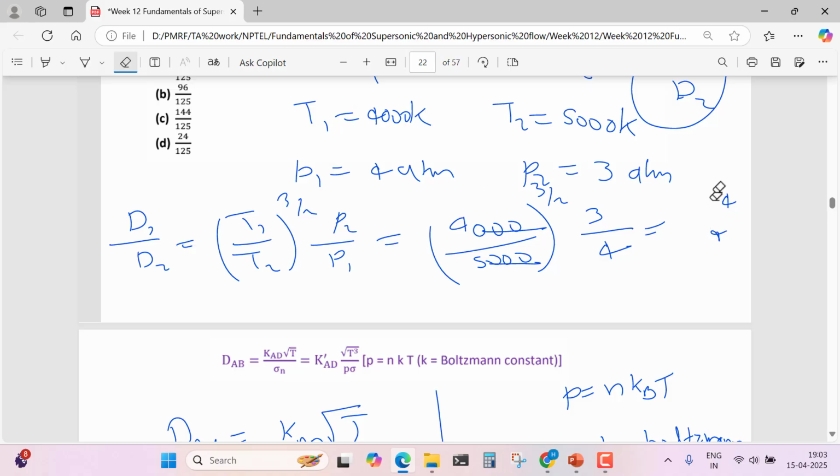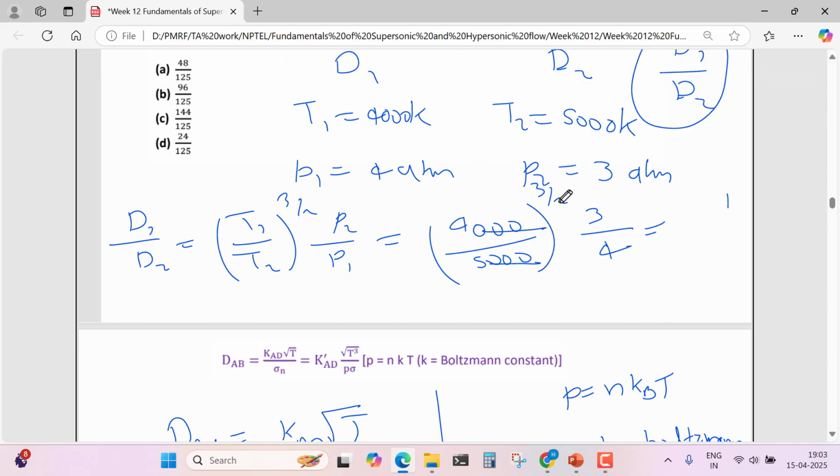or we might write it like this. This 4 to the power 3 by 2 will be 8. 8 into 3 upon 4 into under root 125. Before we cancel here 2, it will be 6 upon under root 125.